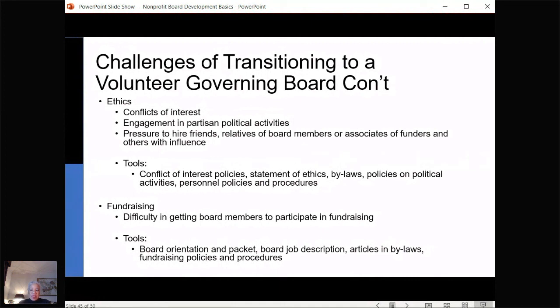Have the job description for the board, articles in the bylaws, fundraising policies and procedures. And if people don't feel comfortable doing the ask, see how much they can give. You might consider a give or get policy.